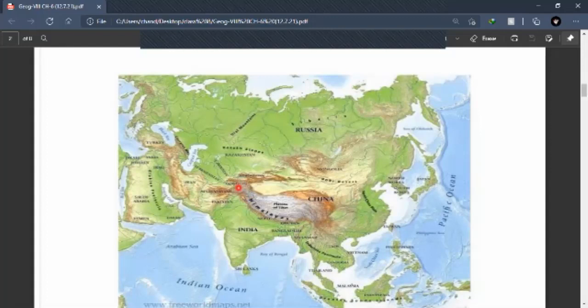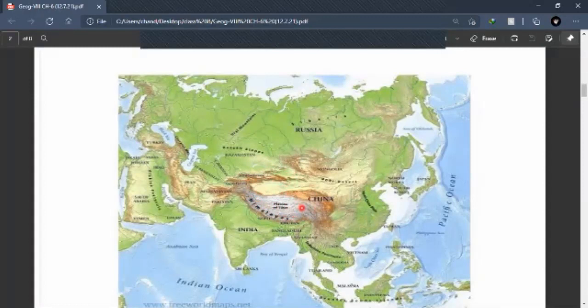Another mountain range that starts from the Pamir Knot is the Kunlun range in the south and Altyn Tagh in the north. Between the Kunlun range and Himalayas lies the plateau of Tibet. This is the Kunlun range, Altyn Tagh. Here it is, the plateau of Tibet.